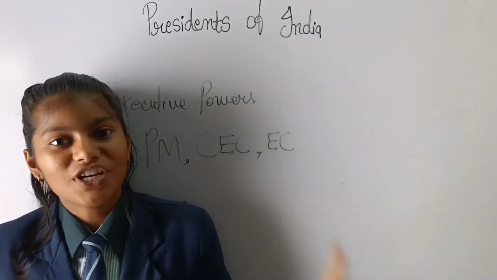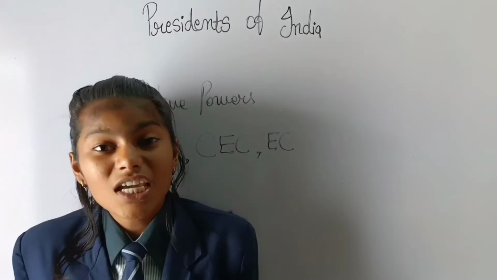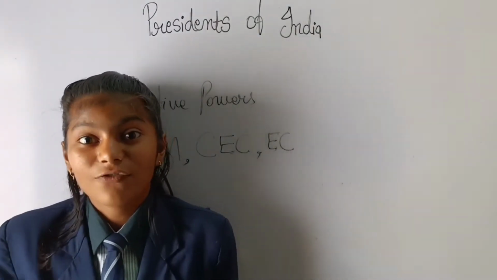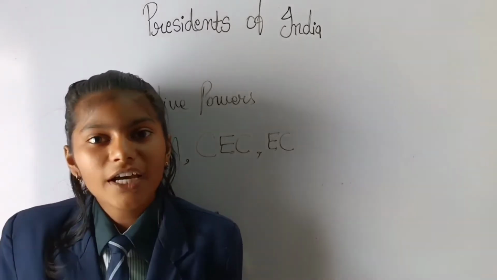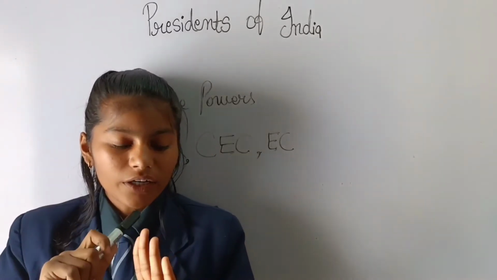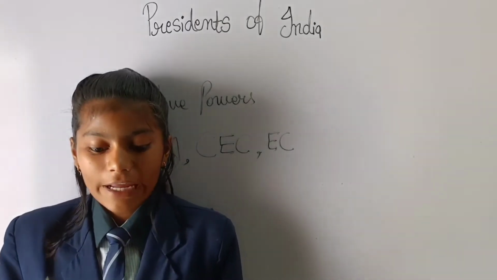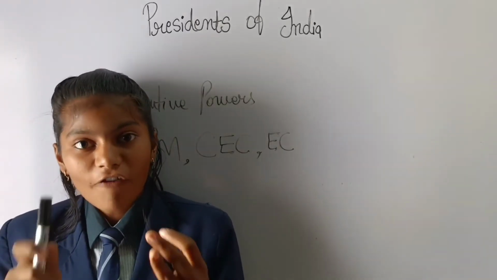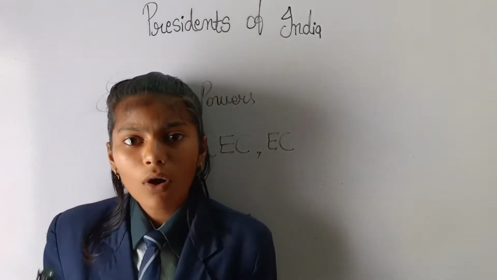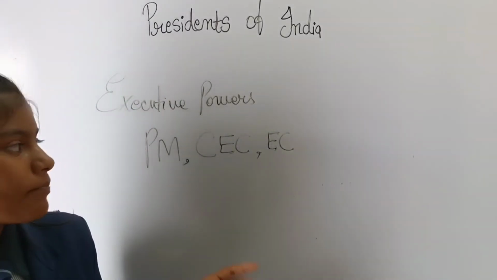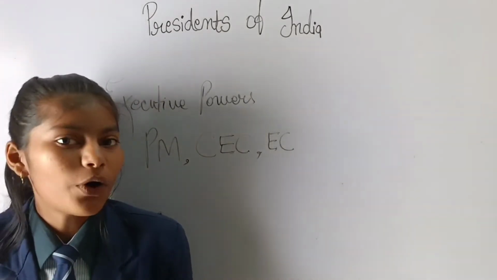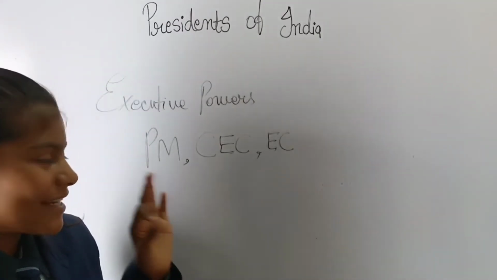The Election Commission is a very important institution of the country which conducts all the important elections, like those of the President, Vice President, and PM. These Election Commissioners play a really important role in electing them.